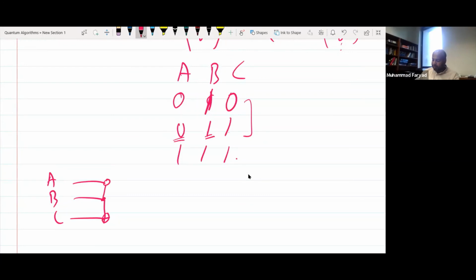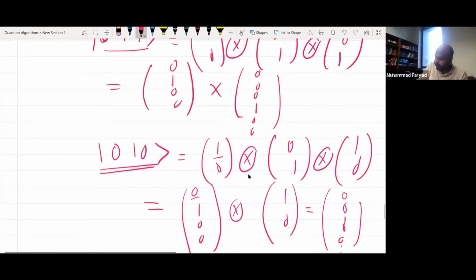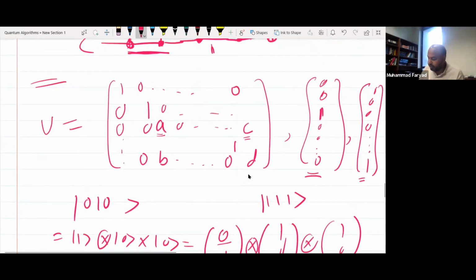We don't go to the last one, but you see that between these two, this is common. So B and C, and then A is different. So I implement U tilde here, and then I reverse it. Okay. So this is the circuit that I claim implements this unitary transformation.